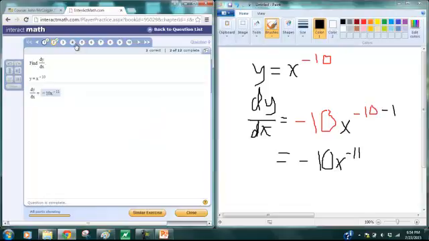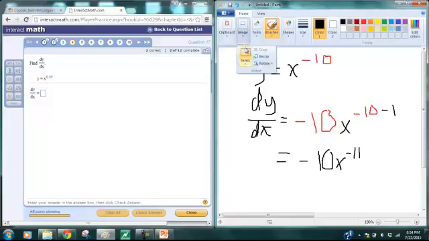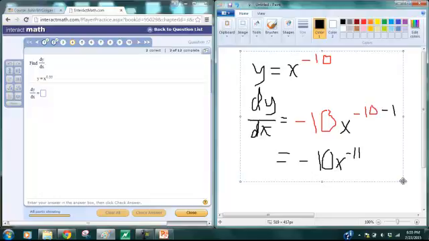Okay, let's try just one more example using the power rule. So here we have a function y equals x up to the 0.35 power, excuse me. Still the power rule. It's the same exact thing. So let me just erase all this work here.